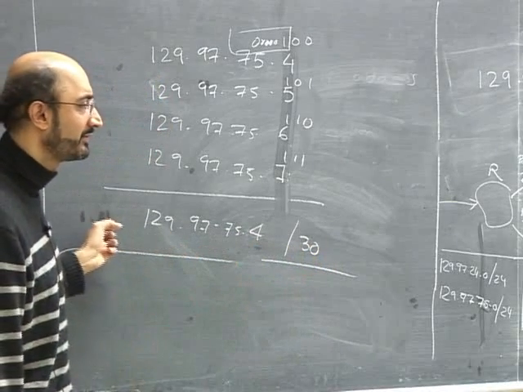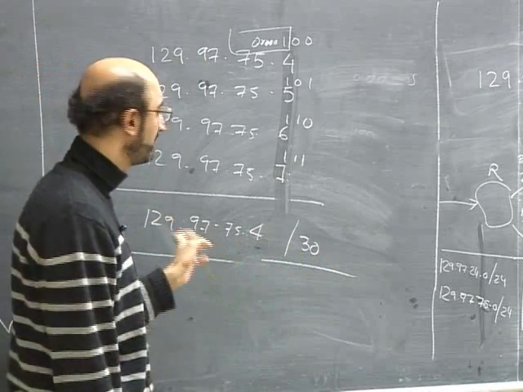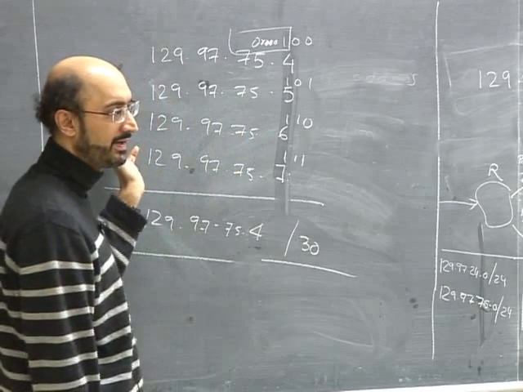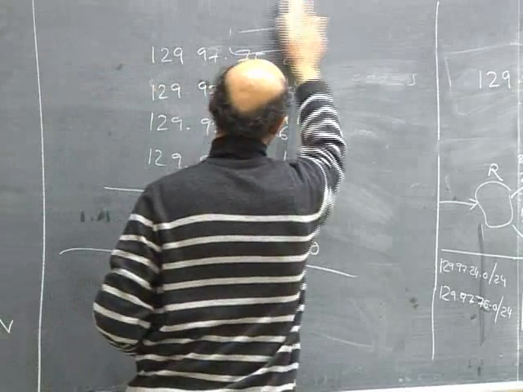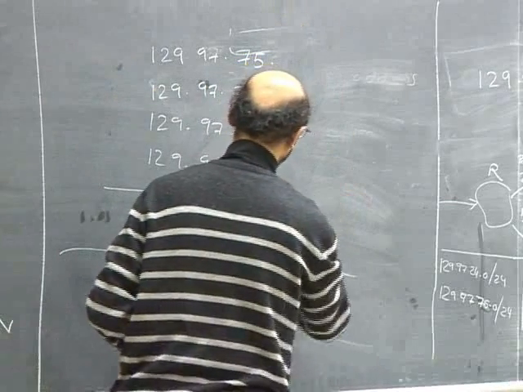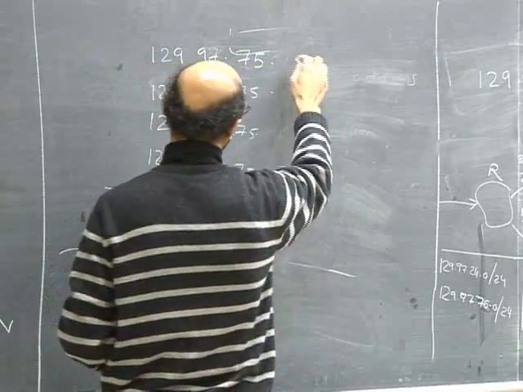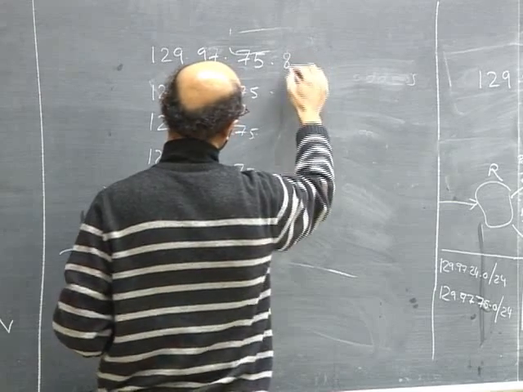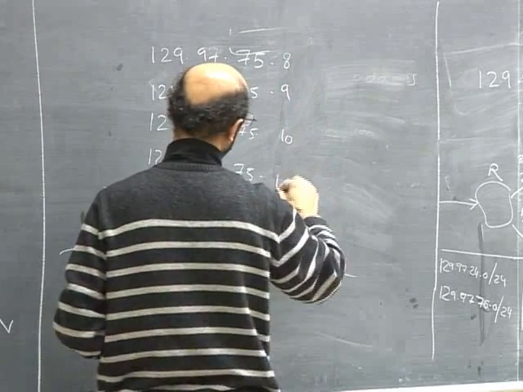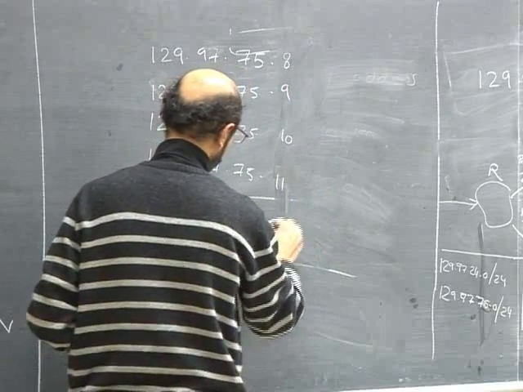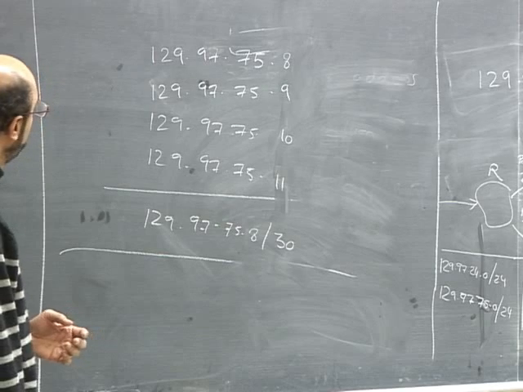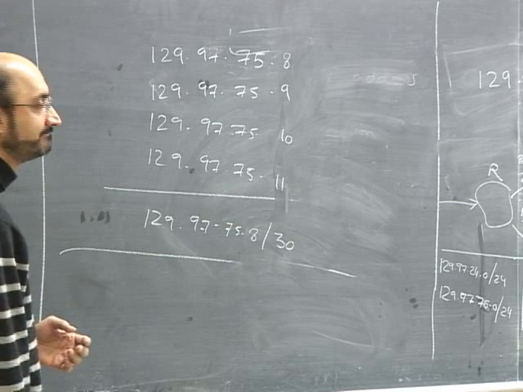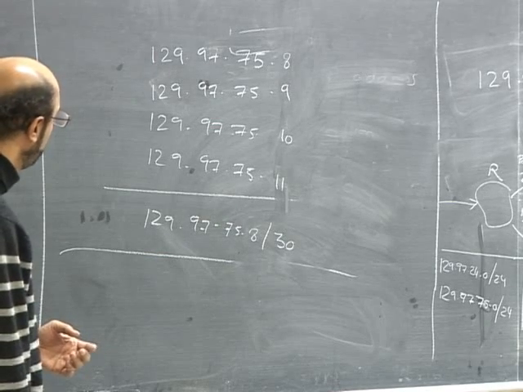This is why I didn't want to do this first, because it's a bit confusing. But it's no different from what I had earlier. If I were to change this once more just to drive this fact in, if I say I want 75.8, 9, 10, 11, that's going to be 8/30.